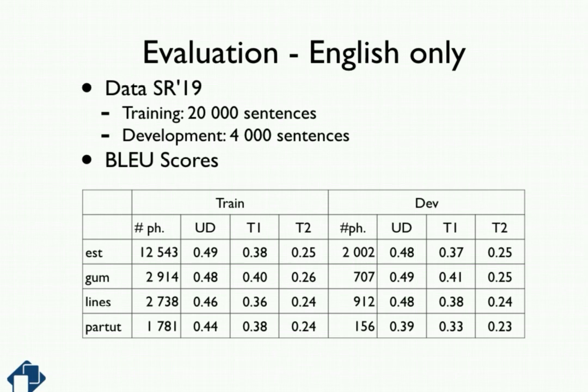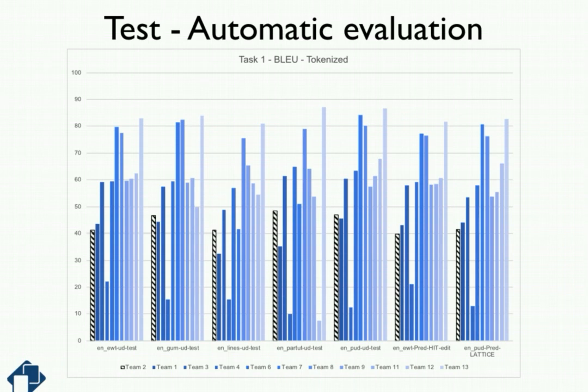Now, how does this relatively simple system work on the real test? So, for example, this is the score. Our system is the first bar on the left, and those are the BLEU scores for the T1 test.